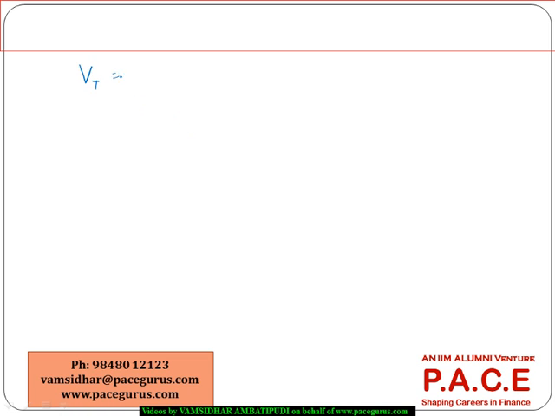Now we also know that the value of the whole firm is nothing but the value of the debt plus the value of equity. So from here I can derive that the value of the debt is the value of the firm minus the value of the equity.